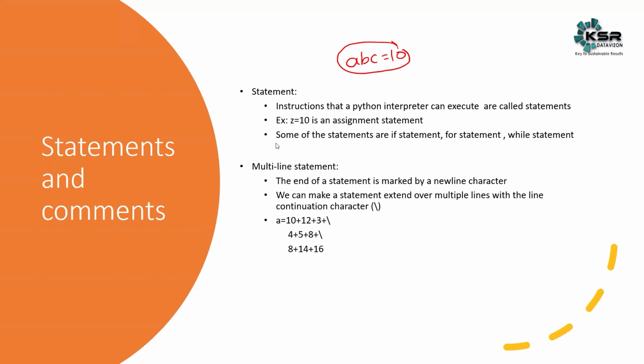Unless we give an instruction to Python, it never executes. So here ABC is equal to 10 means 10 is a value which is assigned to an identifier called ABC. This entire thing is called a statement.